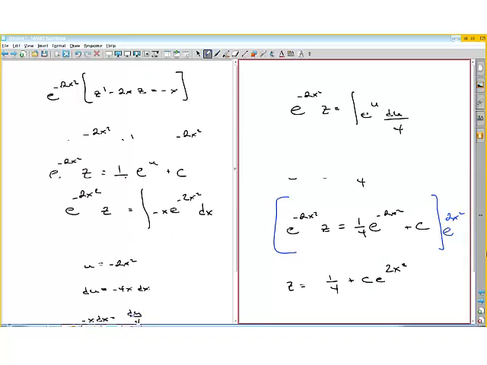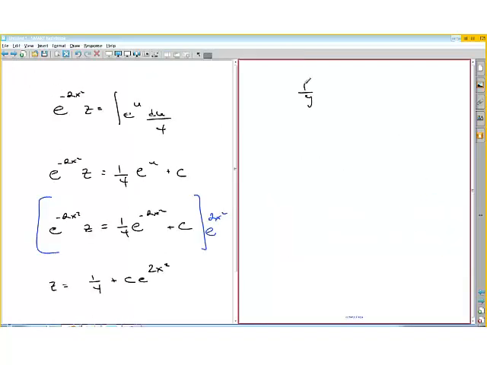So I substitute that in, I get 1 over y is equal to 1/4 plus c e to the 2x squared, which is 1 over y is equal to, what do we have? So if I multiply by 4, I will get 1 plus 4c e to the 2x squared over 4.